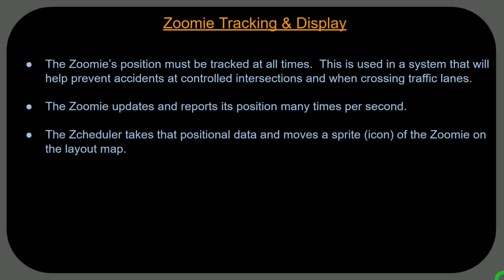We'll go to the overhead real quick, and I'll quickly go through the three primary points I want to make. The Zoomie's position must be tracked at all times. This is used in a system that will help prevent accidents at controlled intersections and when crossing traffic lanes.